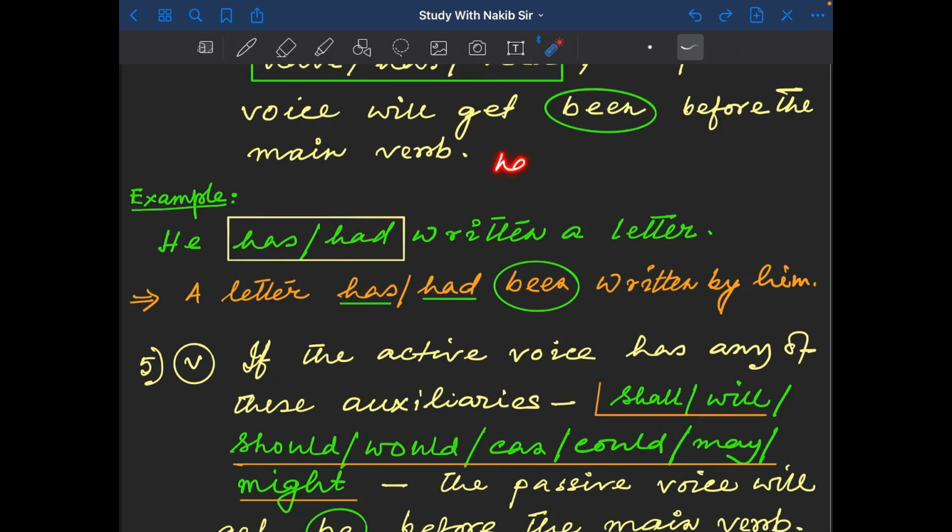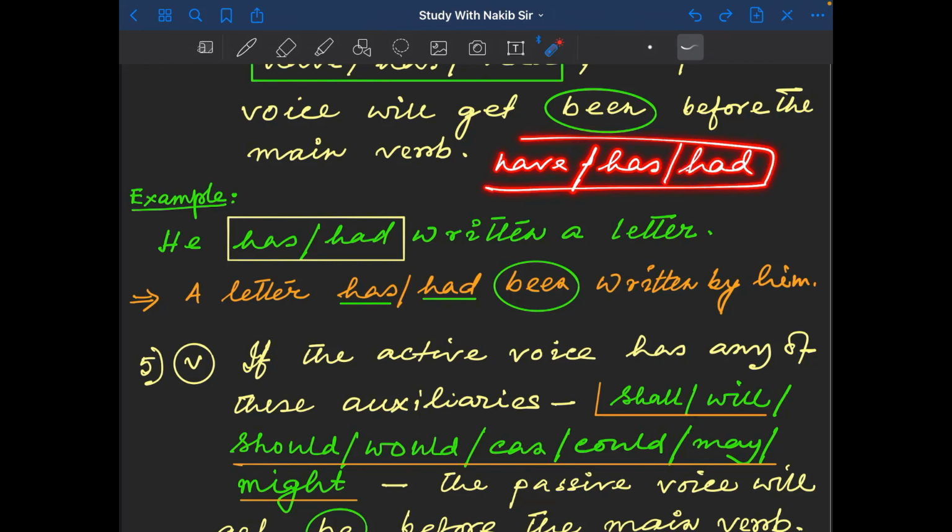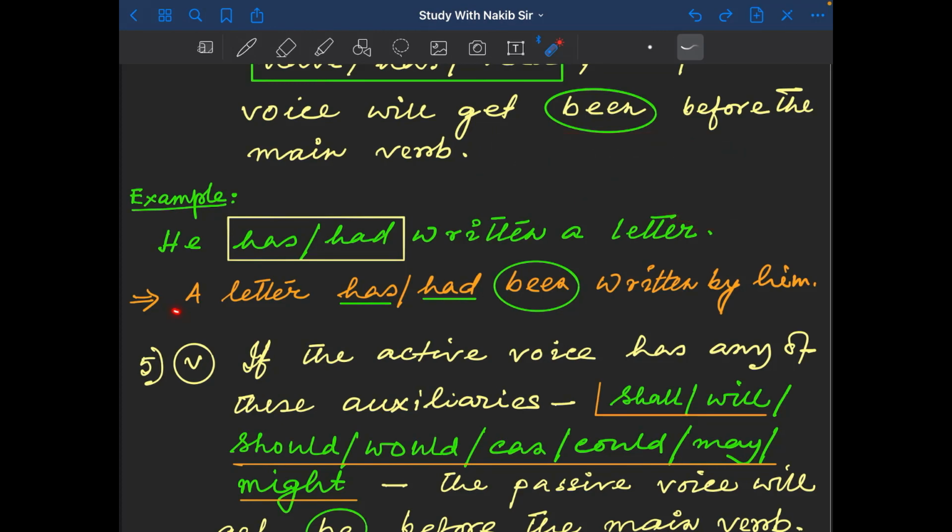Anything with have, has or had: if you get this in the given sentence, you will get been in the passive voice. A letter has, here has. A letter had, here had. So a letter has been, because has is there, so been will come. A letter has been written by him.